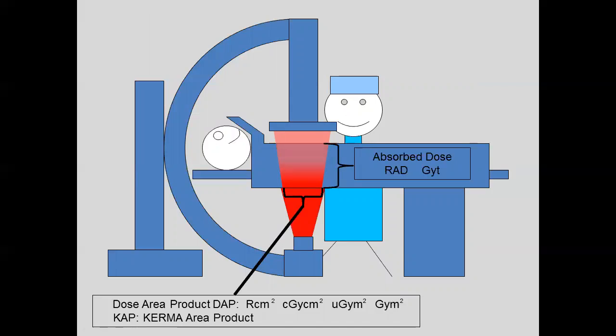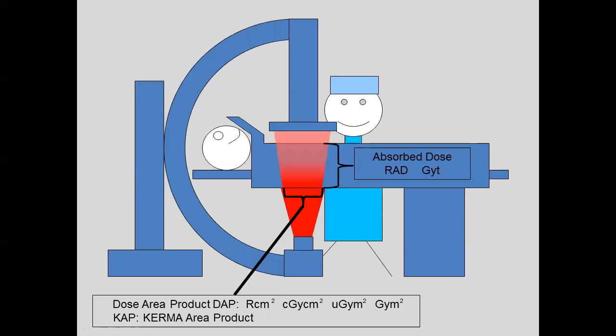And when they scatter, they can then cause another interaction because they only lose some of their energy, and they can cause multiple interactions. Now, most of the interactions as the x-ray beam goes through the patient happen within the first 3 to 4 centimeters. That's a half value layer of the human body.